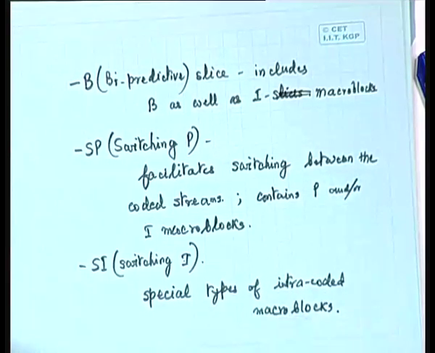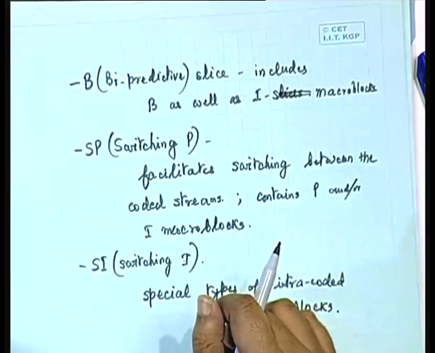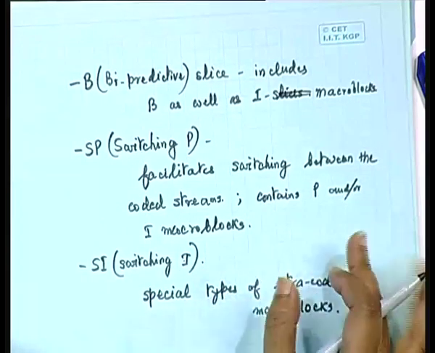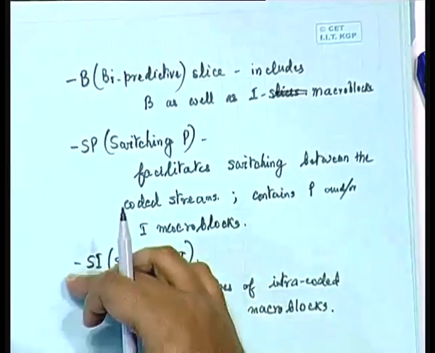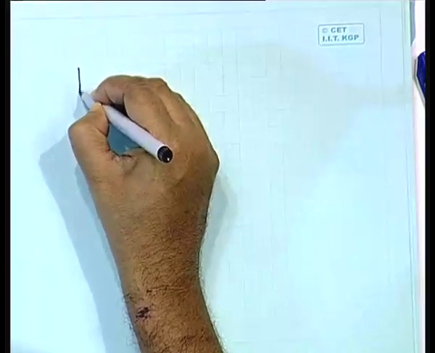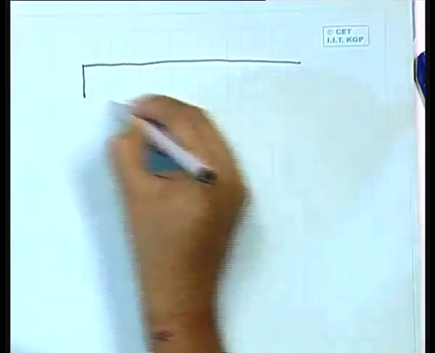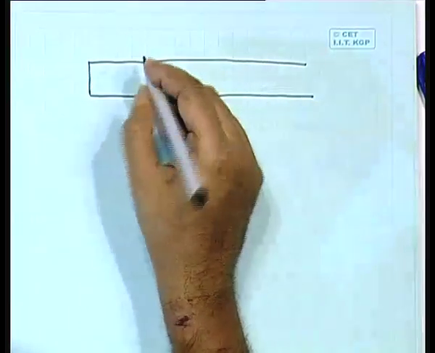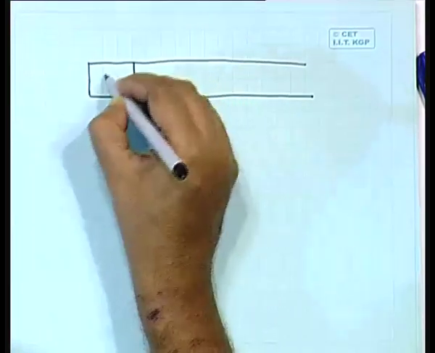Now, these five, I, P, B, SP, SI, are the different types of slices supported under H.264, and the slice syntax goes something like this: for every slice we have a slice header at the beginning.